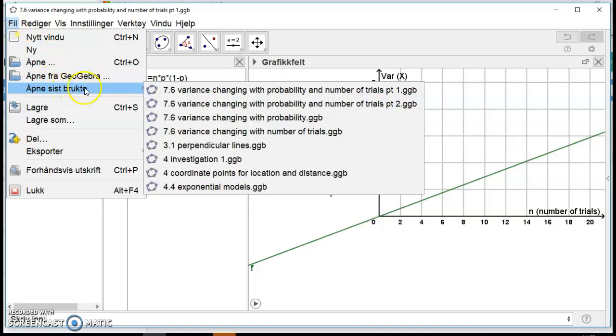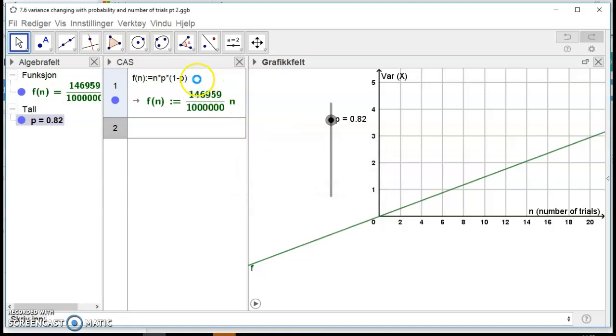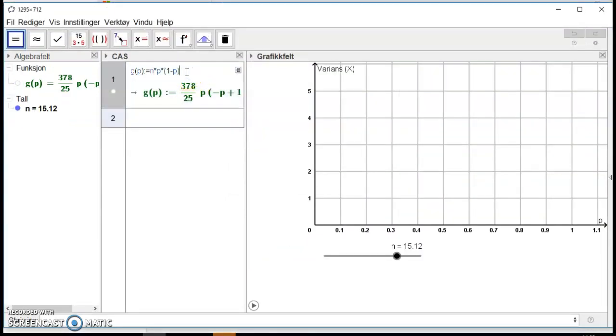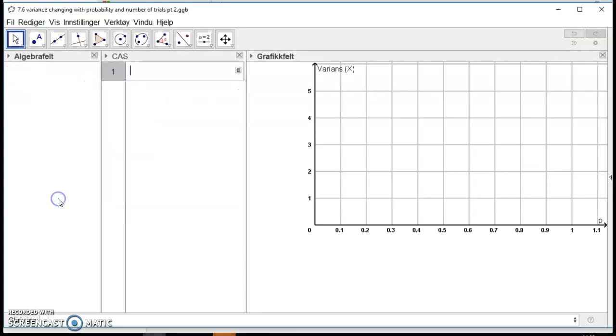If we get this second example here. So this time, let's just delete this.